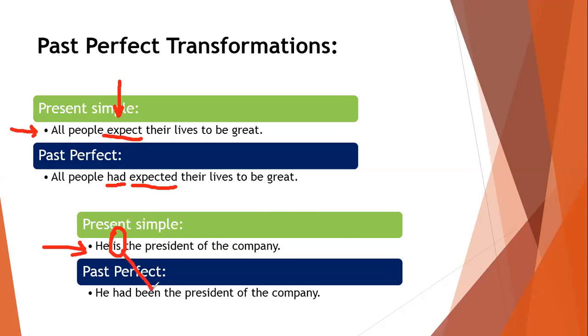The past participle of the to be is been. So you add the had, agregamos el had, más el past participle, hacemos the transformation, and that's it. He had been the president of the company. Super simple.